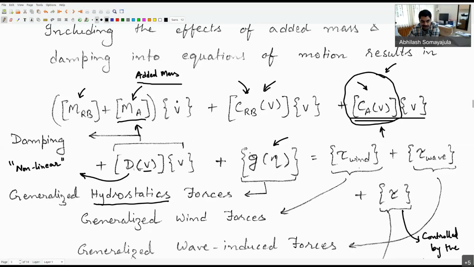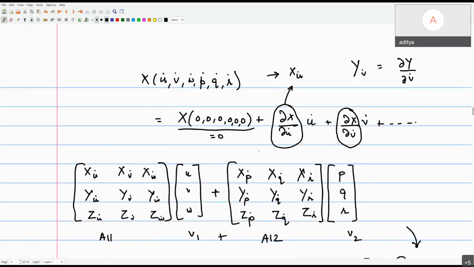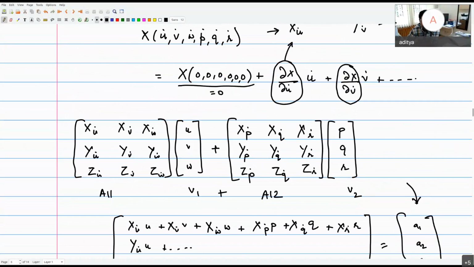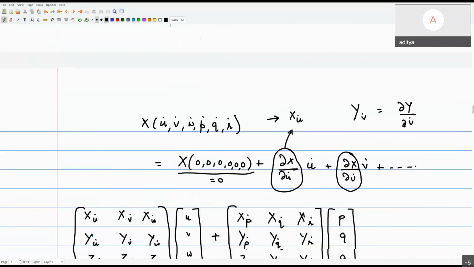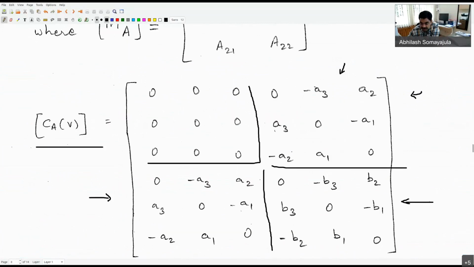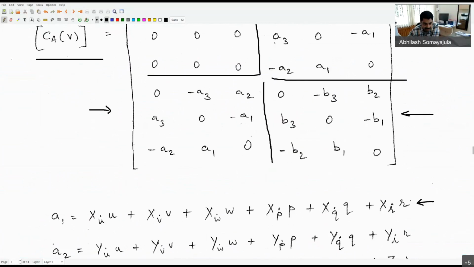Can you go down a bit to where Xu dot times u is calculated? Yes. Xu dot is the so-called added mass. So that mass times velocity u, it won't get multiplied with u again. If you look back here, we are talking about this term, right?